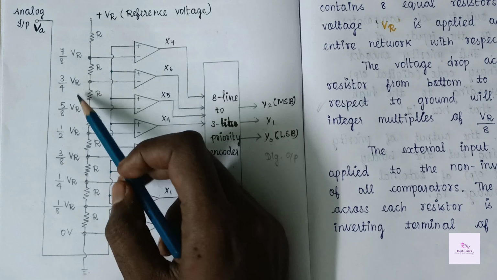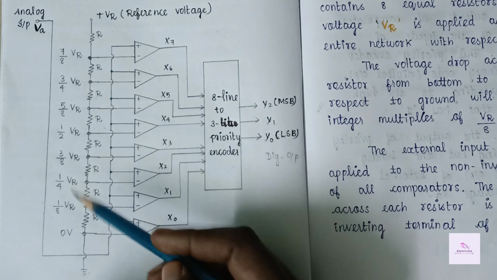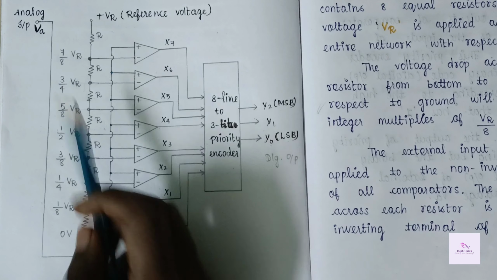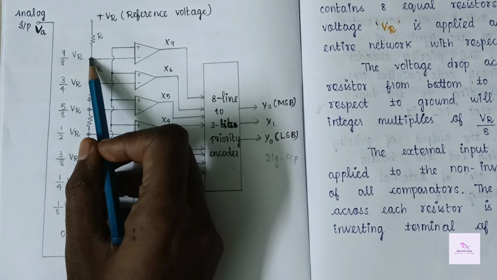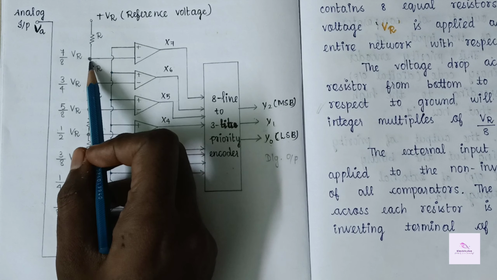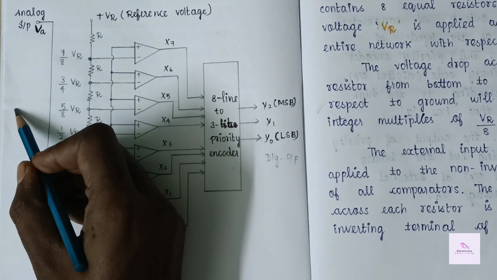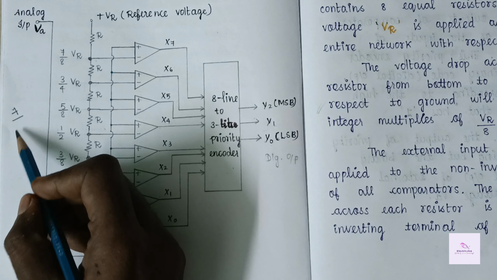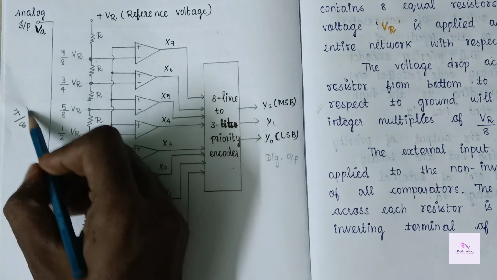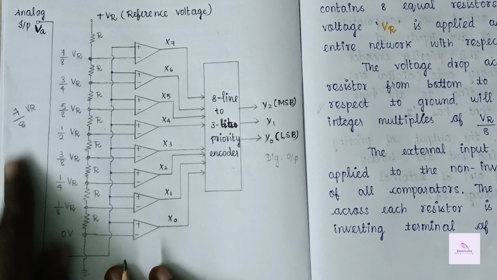The voltage across these resistors at this point, this 7 by 8, can be calculated by using the voltage divider rule, where 7 is a junction, the seventh node. So we are writing 7 divided by the total resistance. Total resistance is 8 into applied voltage VR. So 7 by 8 VR.